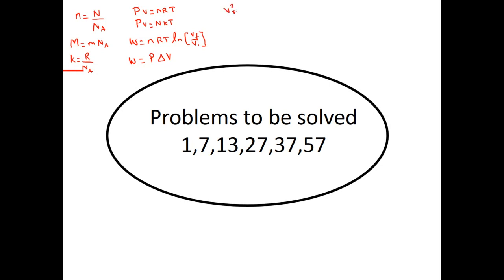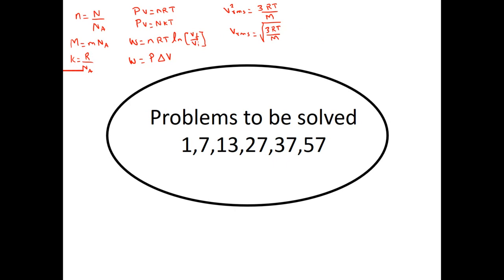What is the formula for V square RMS? I think we studied 3RT over capital M. Therefore, V RMS equals square root of 3RT over M. Am I right? And also, we have the kinetic energy formula.